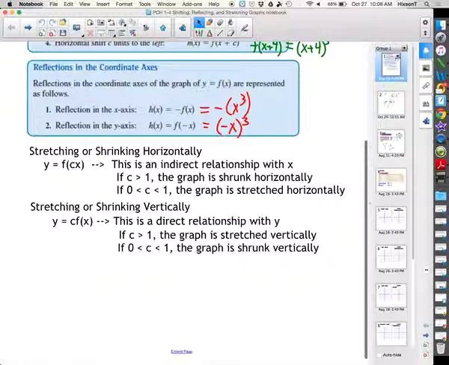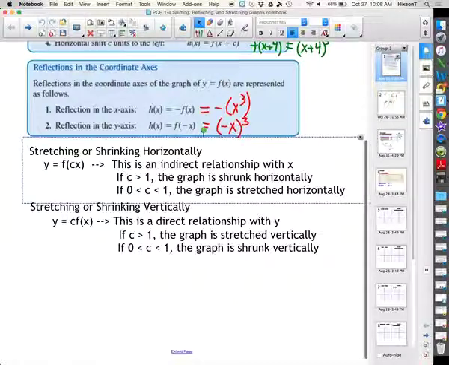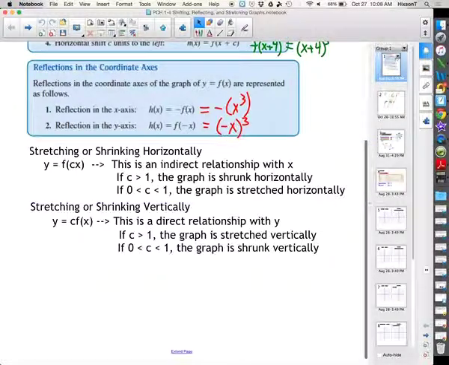The bigger the number you multiply x by, the narrower, the smaller the graph is going to get. It's going to be shrunken horizontally.